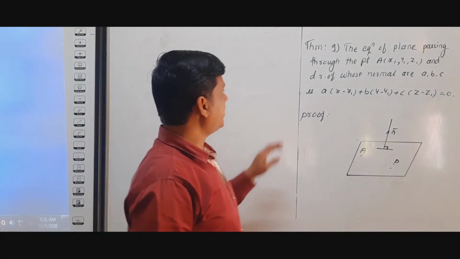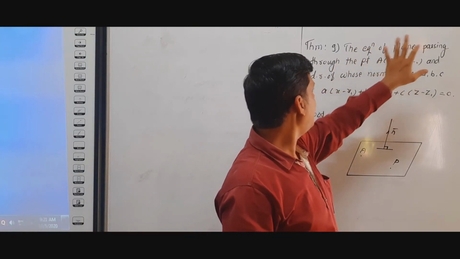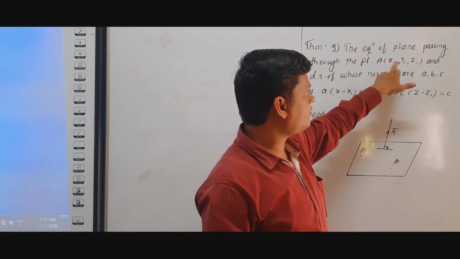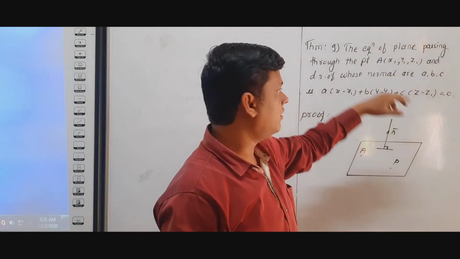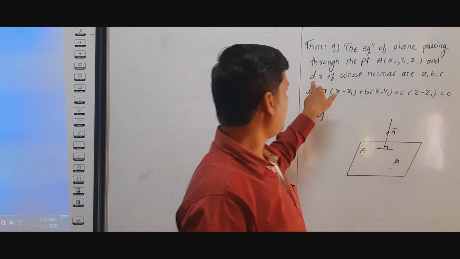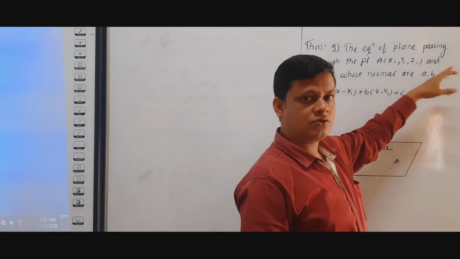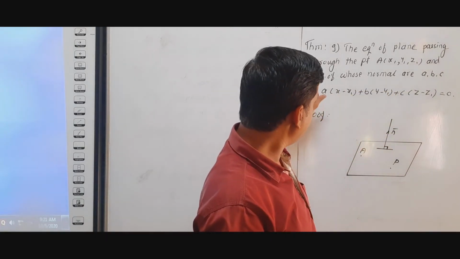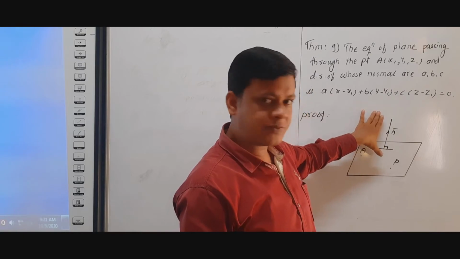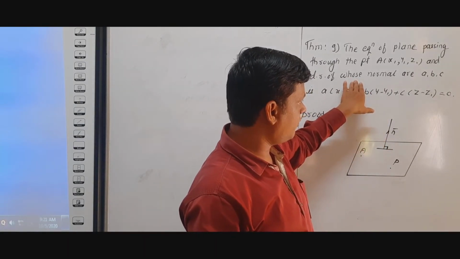Now see the next theorem, theorem 9. The equation of plane passing through the point A of x1, y1, z1. That means here the coordinates of the point are given and the direction ratios of its normal are a, b, c. So instead of vector n bar, here the normal of this plane has direction ratios given.